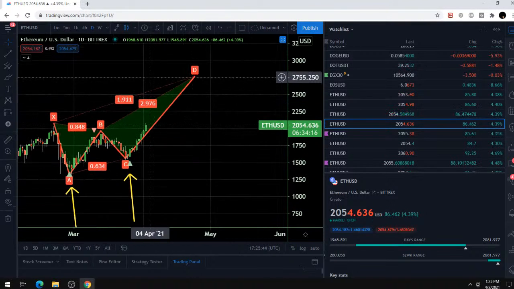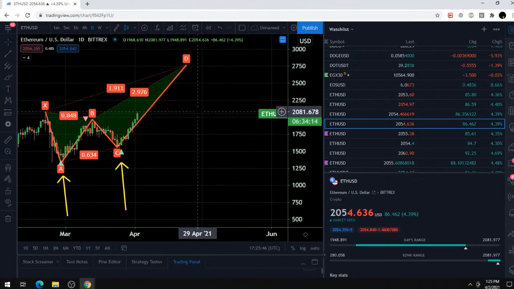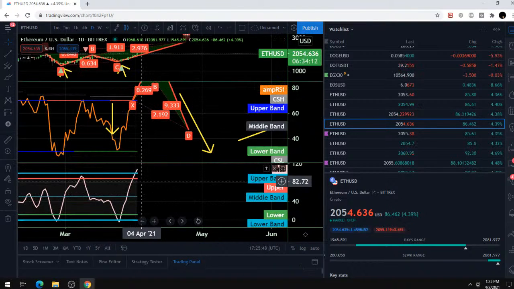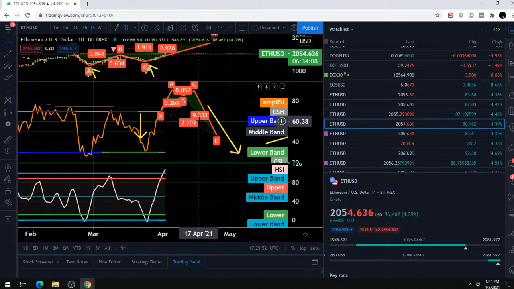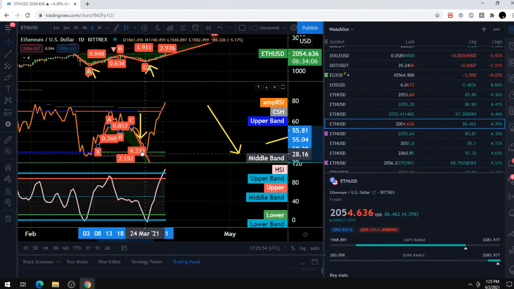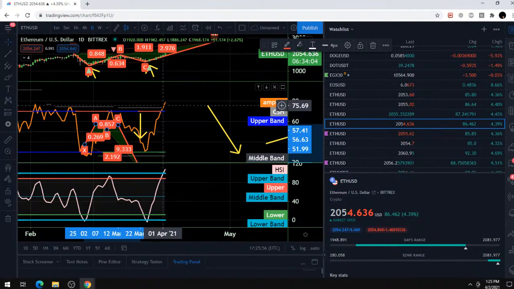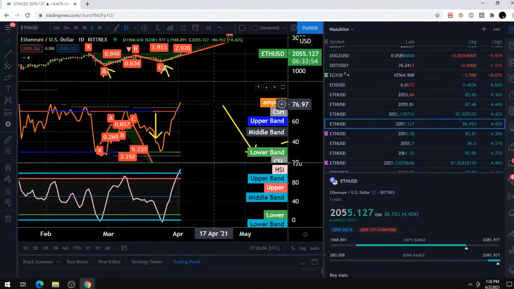If we really get up into that zone and HSI spends the weekend continuing higher, that's going to be quite strong. We see the early stages of that return trade where we're breaking out in the amplified RSI reading, and I'm pretty sure RSI as well.